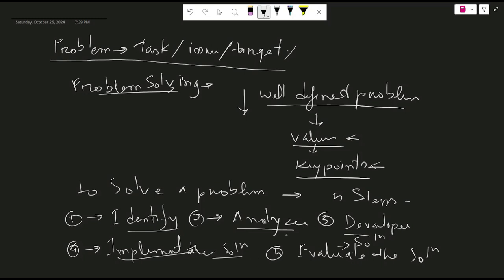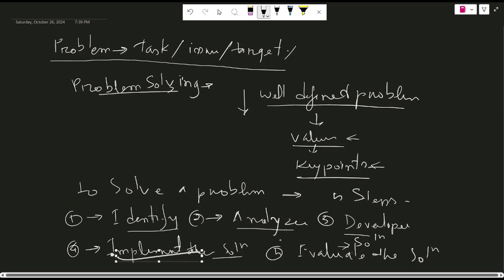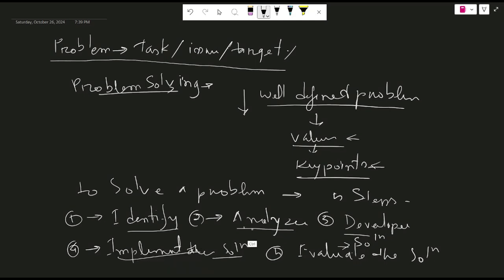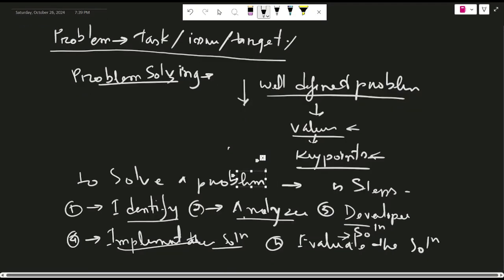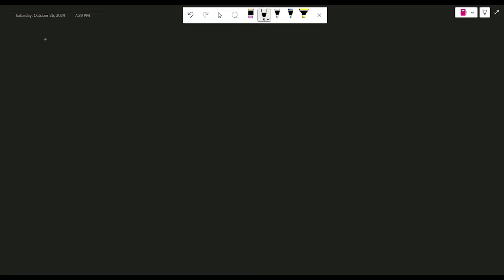Okay, we'll move on to the next one. While solving a problem, there are some strategies. The first one is background knowledge.